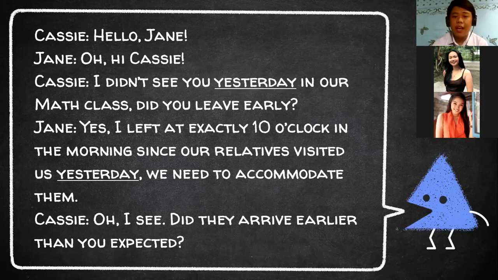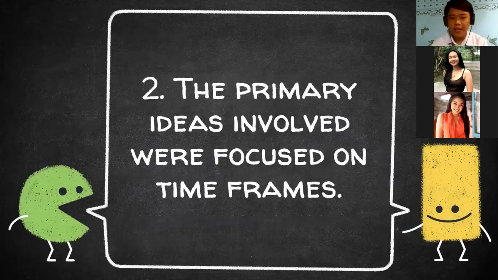So what about IZ? What is your insight? Based on their conversation, all of Jane's questions are answerable by indicating the time. Okay, the primary ideas involved were focused on time frames. Can you tell us what these time frames are?